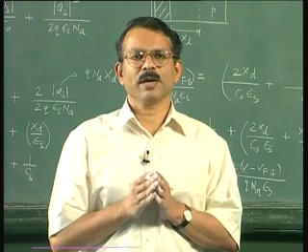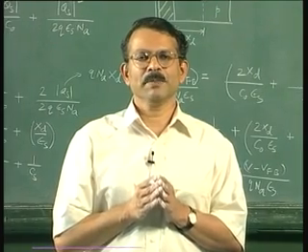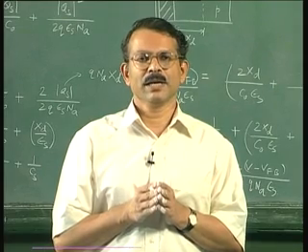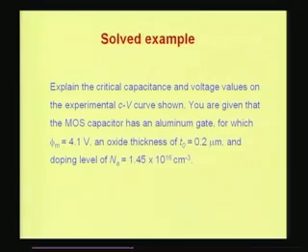It is now time for a solved example. Let us do a simple example to illustrate some of the ideas that we have developed. Explain the critical capacitance and voltage values on the experimental CV curve shown.